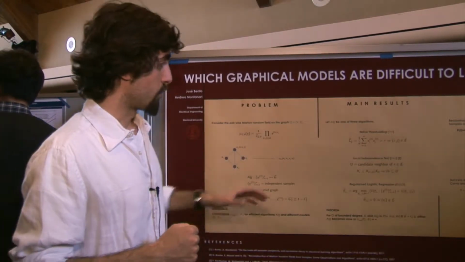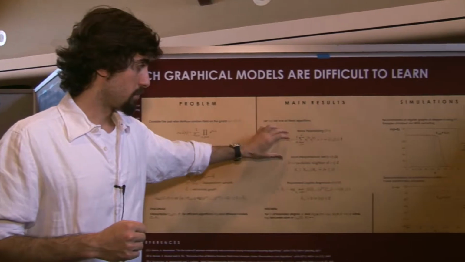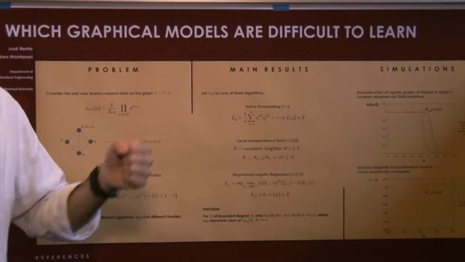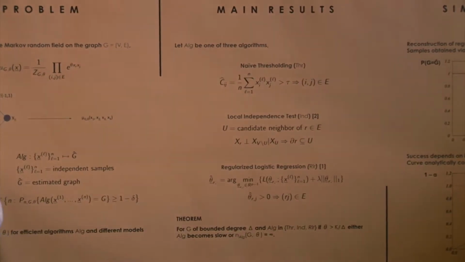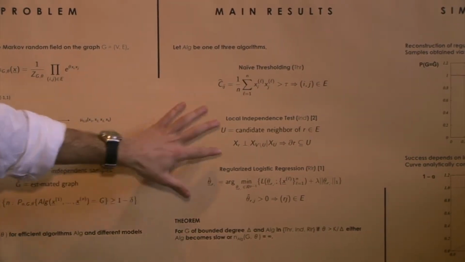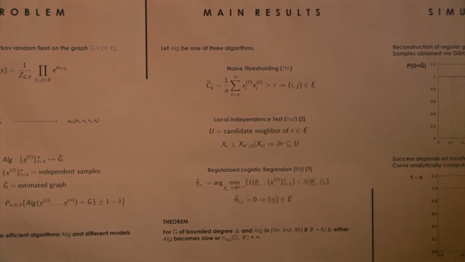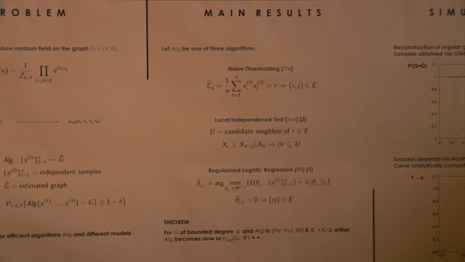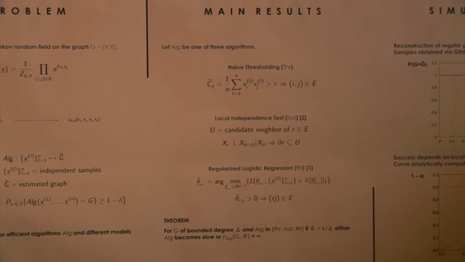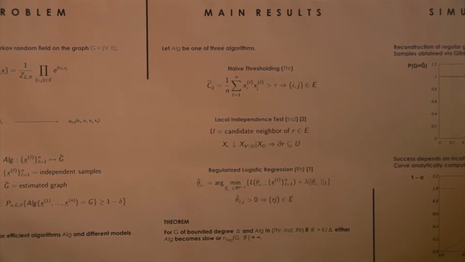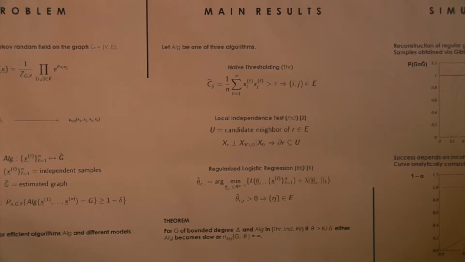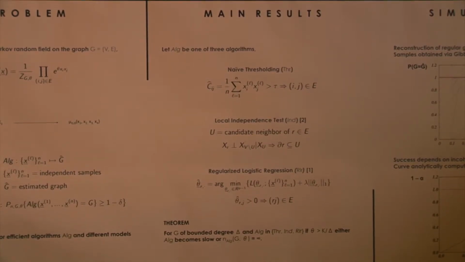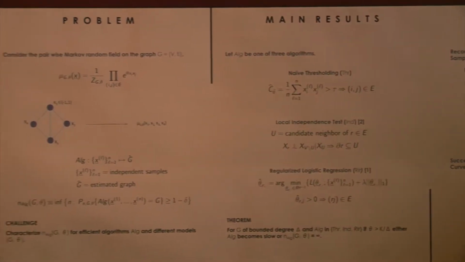The first algorithm that we analyze is the simple thresholding algorithm, where we say that an edge is present or not if the empirical correlation is above or below a certain value. The second algorithm is by Bresler, Mossel, and Sly, which tries to recover the graph by learning the neighborhood of every node. The way we try to guess the neighborhood is by making use of the conditional independence property of pairwise Markov random fields.